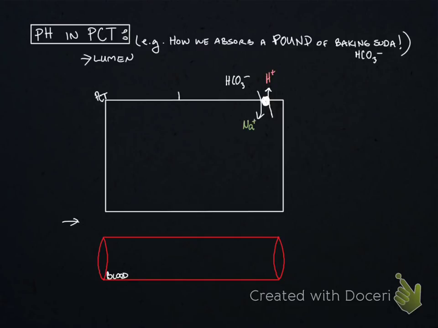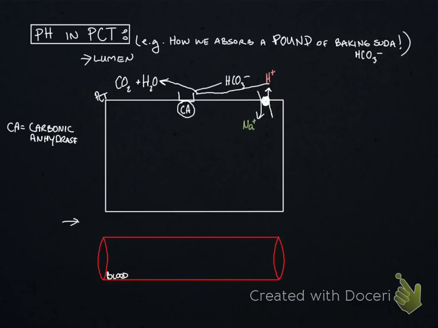Well, these PCT cells, the proximal convoluted tubule cells, they actually have our good old friend carbonic anhydrase. You remember that enzyme? Carbonic anhydrase. It's an enzyme that takes bicarbonate and hydrogen ions and turns it into CO2 and water.